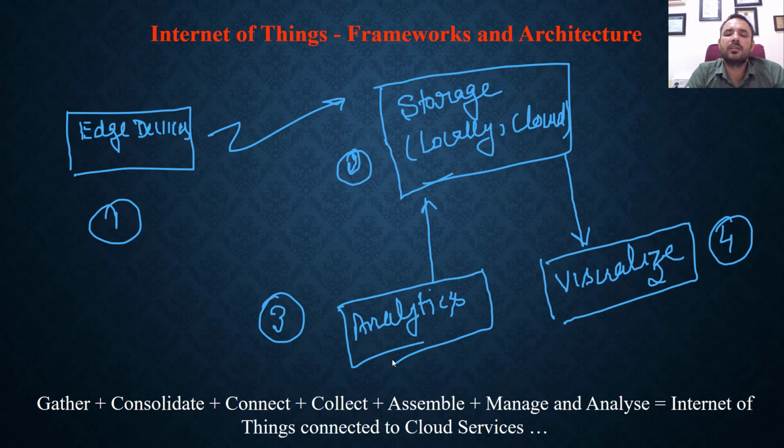This visualization unit can tell you what the method is. Suppose we are talking about business data: how to improve the business productivity, how to improve its success rate, how to decrease the error, how to increase the capability, what is the maximum, what is the minimum. All this processing can be done by this visualize unit.